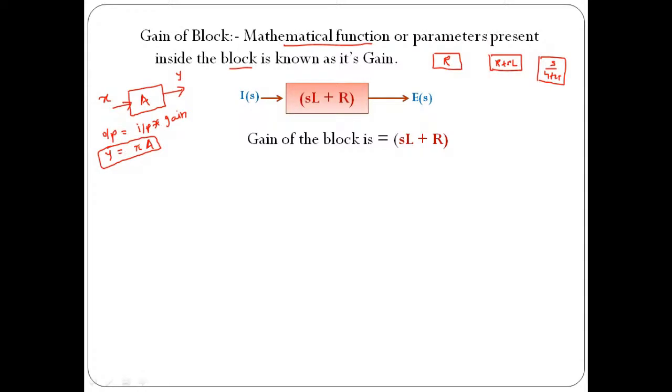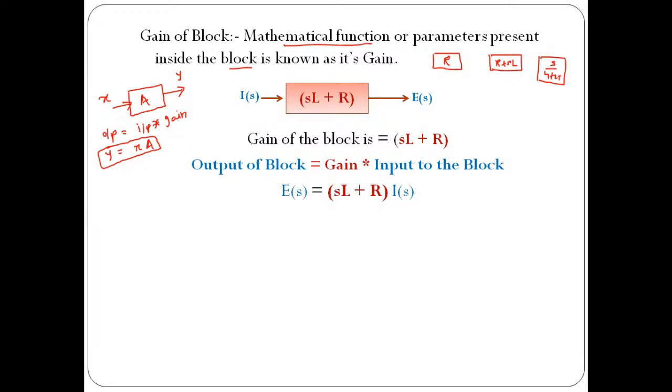This is applicable for any block. Output is always going to be input times the gain. That you have to remember. The same thing is mentioned over here. Output is always input times the gain. In this case, output is nothing but E of S, gain is nothing but SL plus R, because I told you that whatever mathematical function or parametric function we mention inside the block represents the gain of that block.